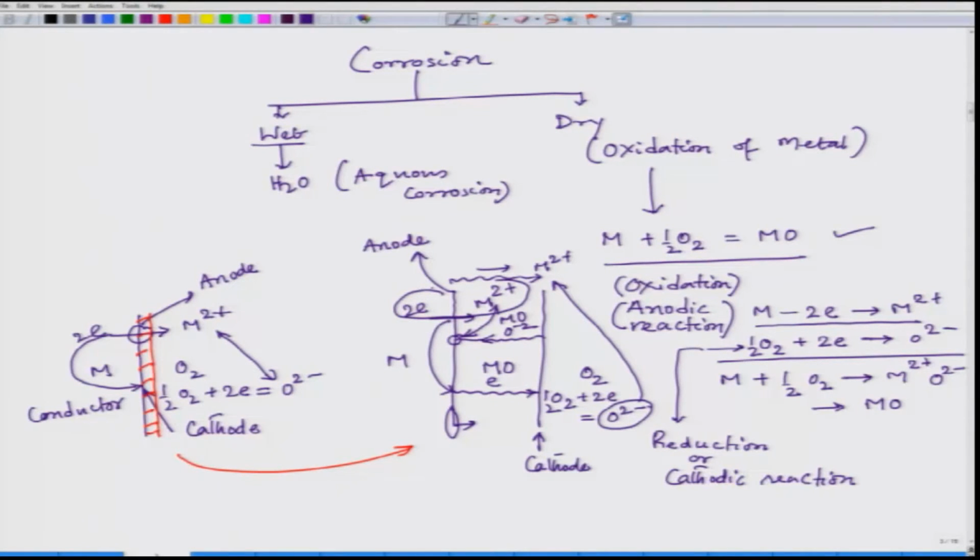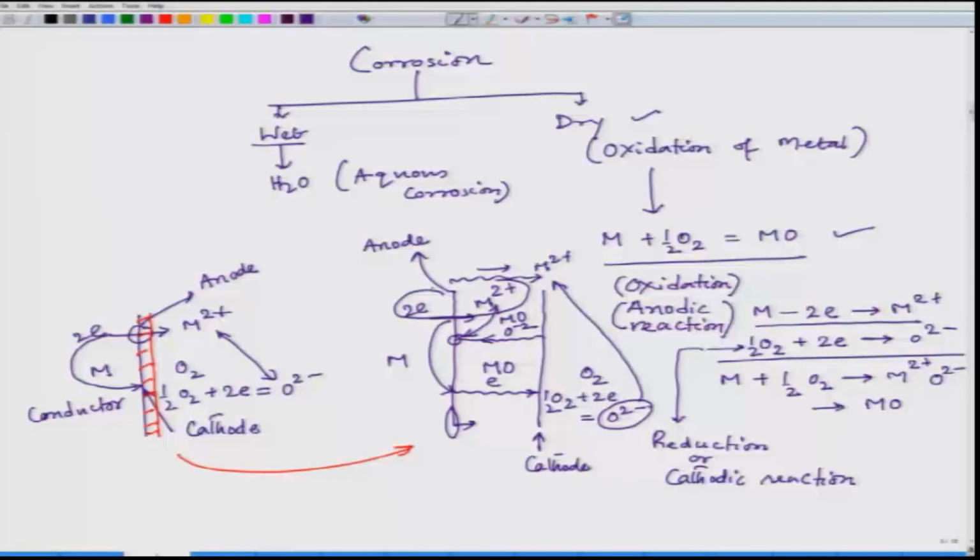But here we do not have moisture. So, that means it is dry corrosion. So, that is what we have come to, the condition of dry corrosion, where we have oxidation. If we have time, then we would definitely look into oxidation of metal in a little depth, but our primary interest would be aqueous corrosion.